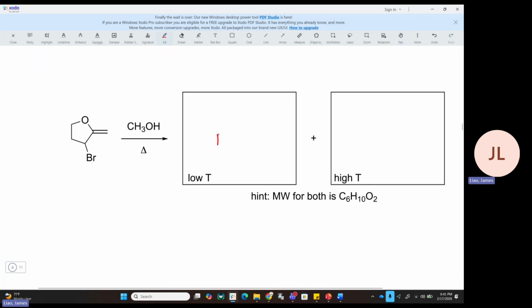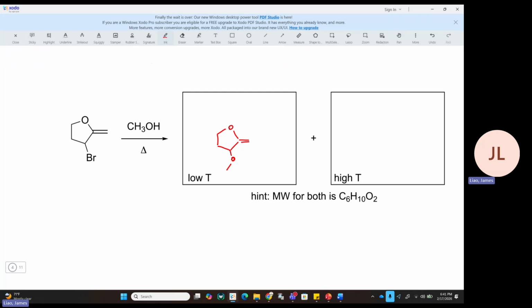So it's going to be just this. So that's the low temperature one.